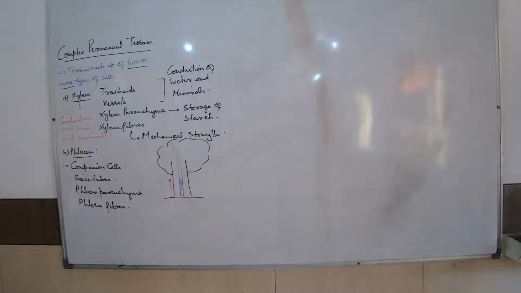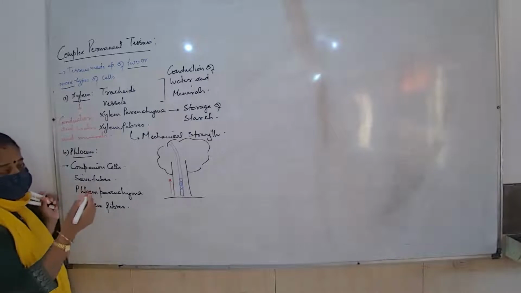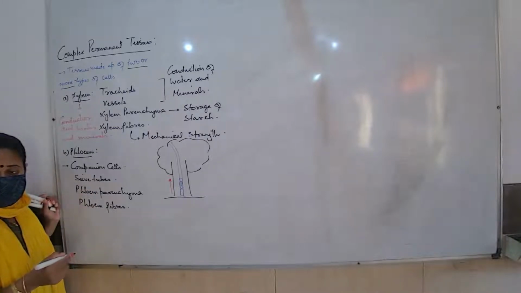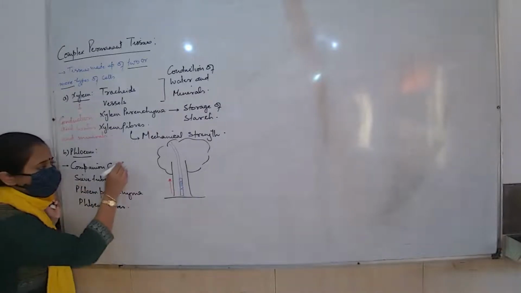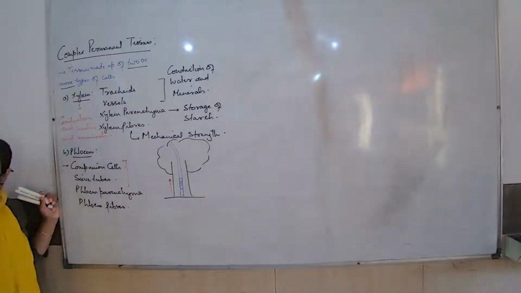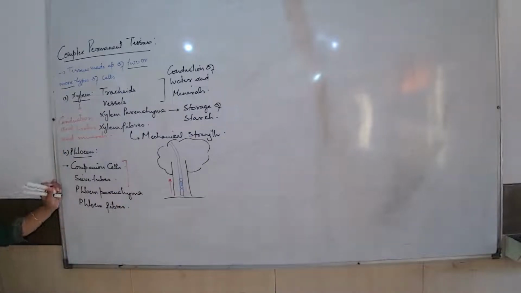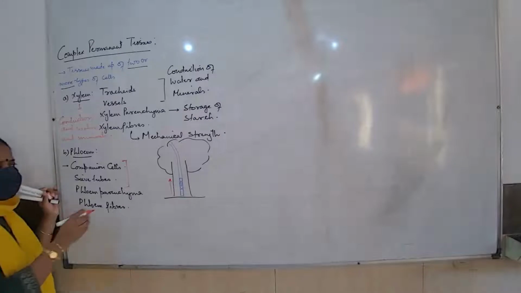But again, when I talk about the function of the phloem and the prominent cells that the phloem has, phloem has these two as the prominent cells: companion cells and sieve tubes. Companion cells and sieve tubes are the most important group of cells. And what are they generally concerned with?